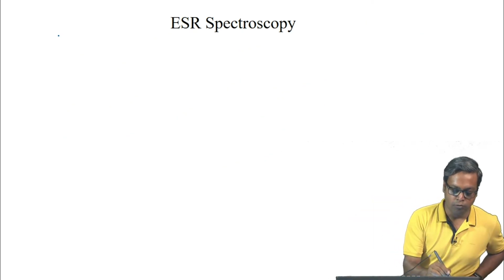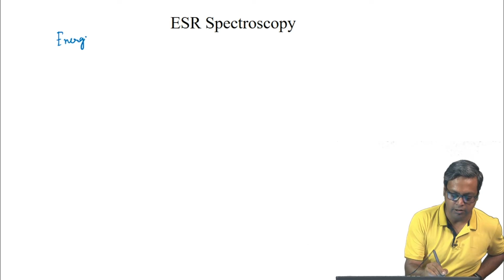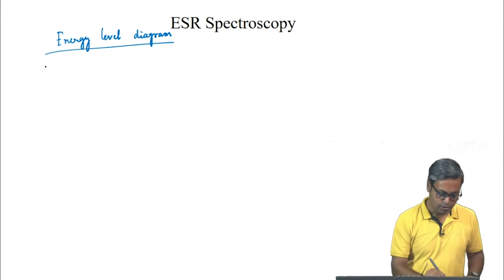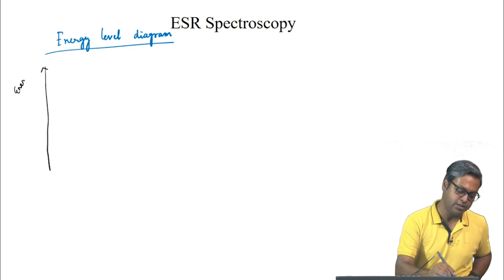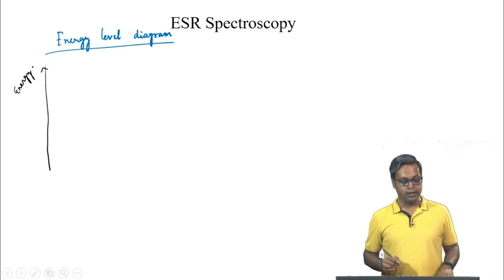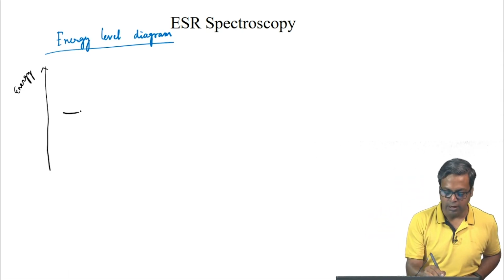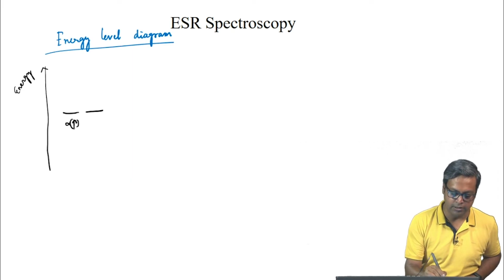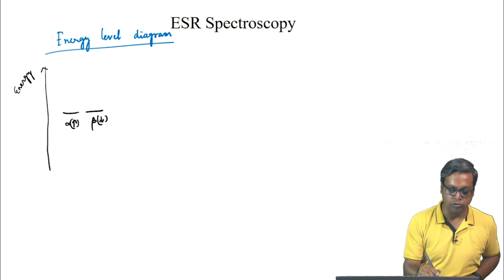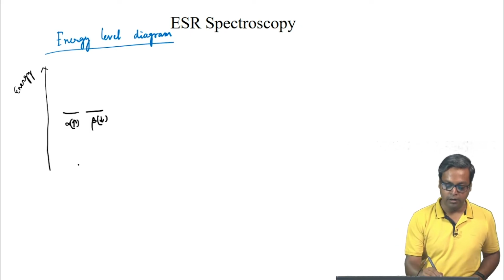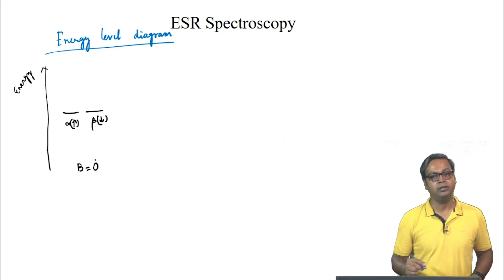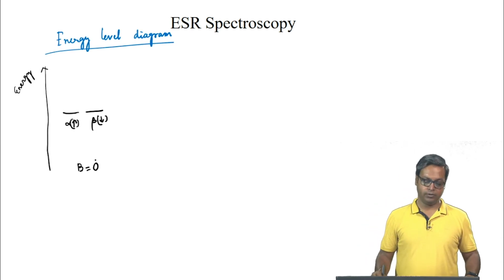So, let us look into the energy level diagram. Our vertical axis is the energy axis and we have two states, alpha that is the upspin state and beta that is the downspin state, and these two states are degenerate when there is no magnetic field, that is B equals 0.